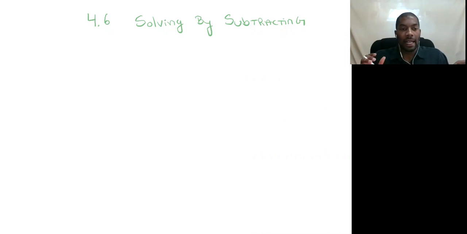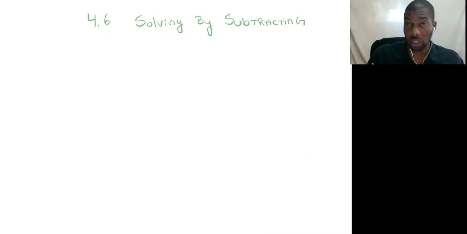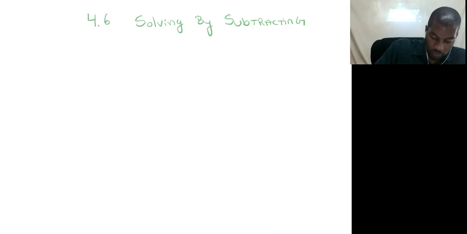All right, in the last video we were solving equations using addition. Now, these are solving equations that use subtraction. We learned about something called the inverse, right? The inverse of an operation was essentially the opposite.